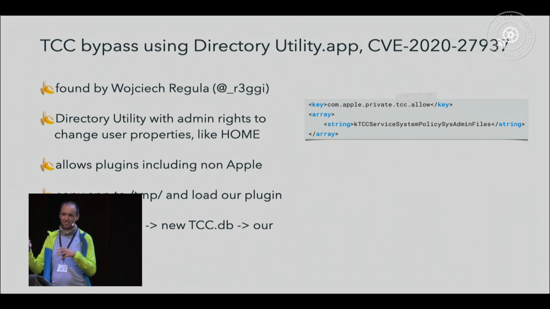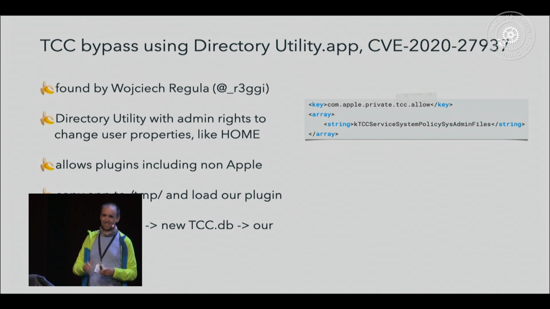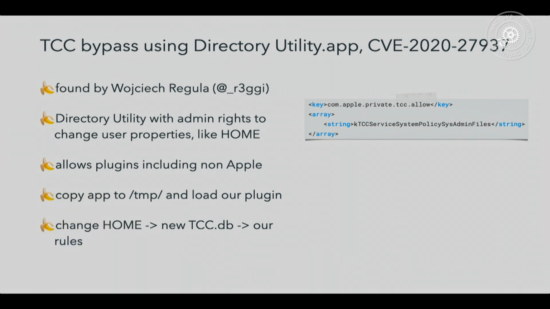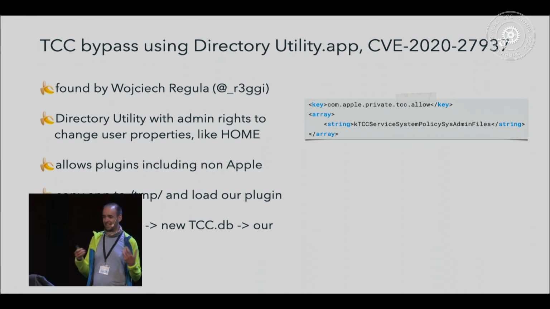So if I can change the user's home directory, I can plant a new TCC database, because one of the databases sits in the user's home directory. I can create a new database, redirect the user home directory, restart TCC, and load my custom rules.